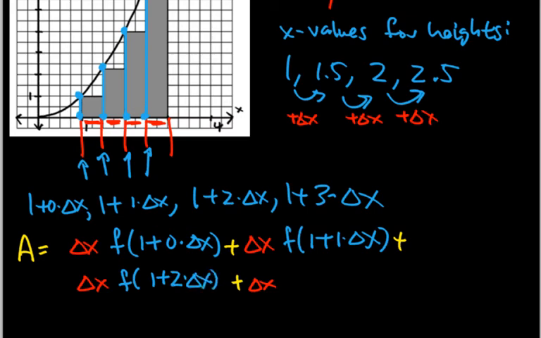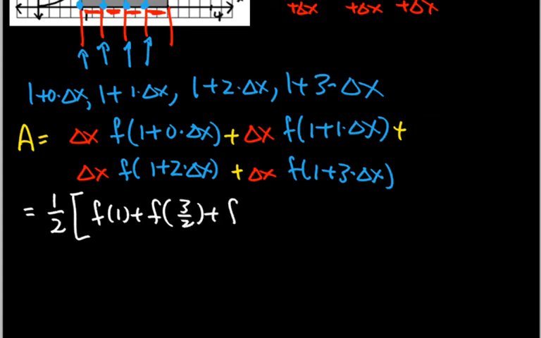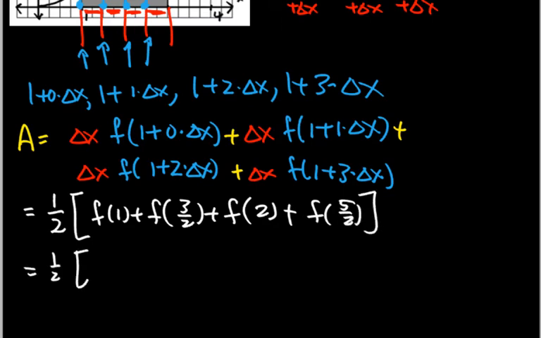Here are the next things that we get. Alright, so if we just do that all out, then delta x is 1/2, right? So I'm just going to factor that out to the front. And then we have f of 1 plus f of, I'm going to do this as fractions, instead of 1.5, I'm going to do 3 over 2, plus f of 2 plus f of 5 over 2, just because we're squaring things, and it's easier to square a fraction instead of a decimal.